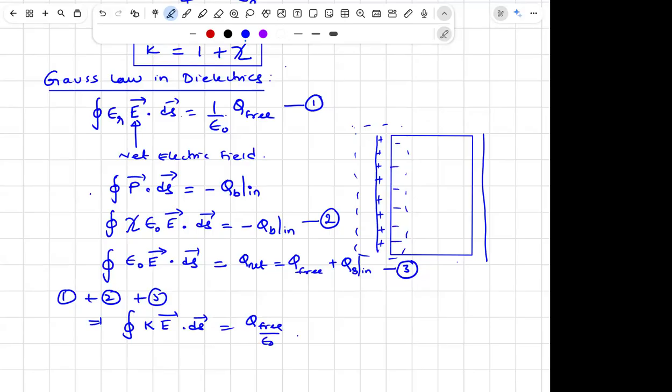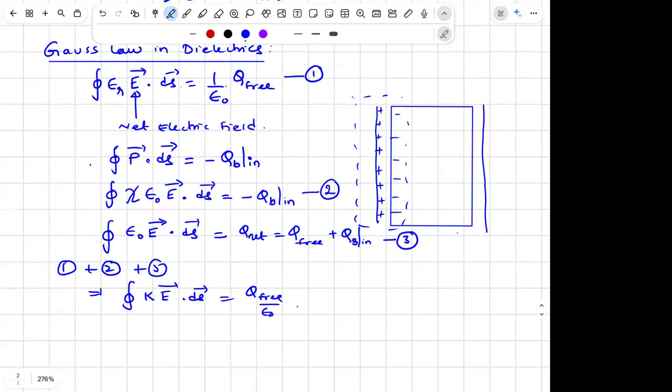I got 1 from these 2 equations only. I have simply added those 2. 2 plus 3: on the LHS, you add 2 plus 3, what will you get? Epsilon naught times 1 plus susceptibility gives you what? Yes or no? That's all.